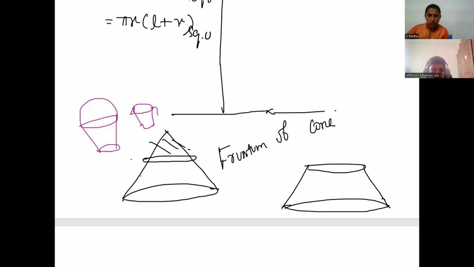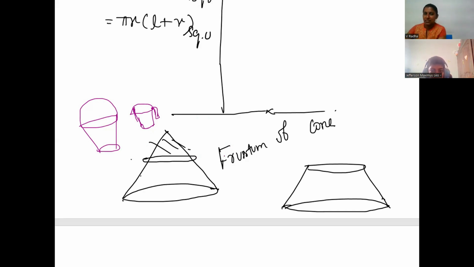This mug, with the handle. Understand that? Yes, ma'am. Can you say one more good example in your kitchen, please? Ma'am, plate. Plate or other, not a flat plate. Tumbler.